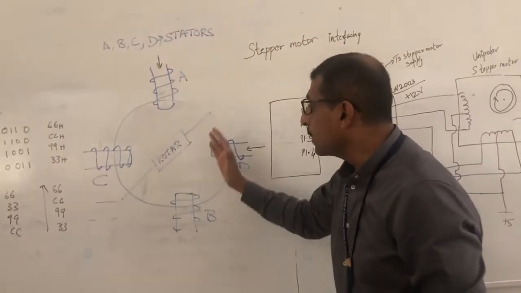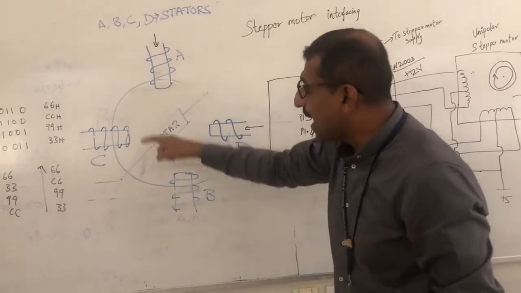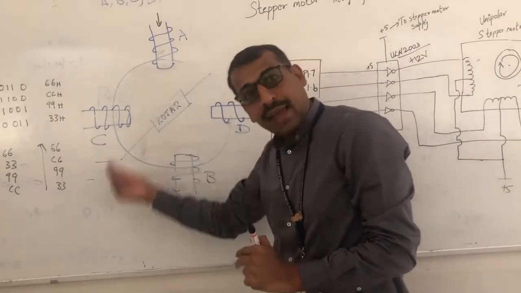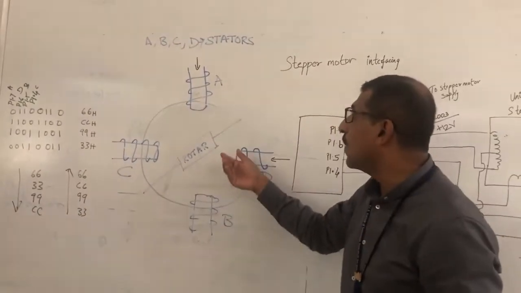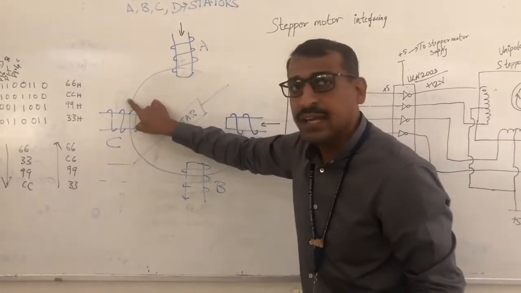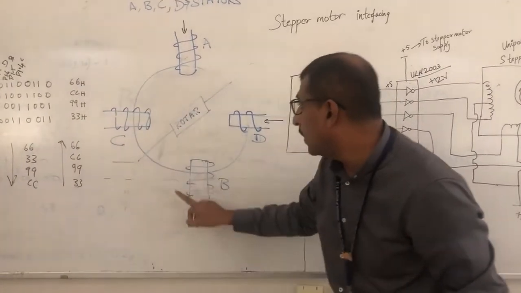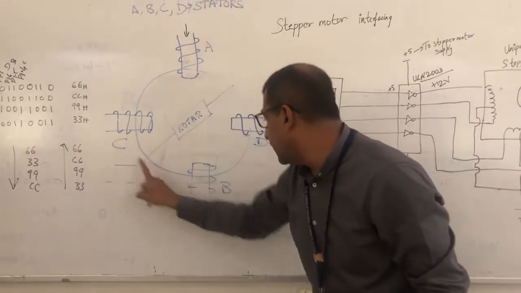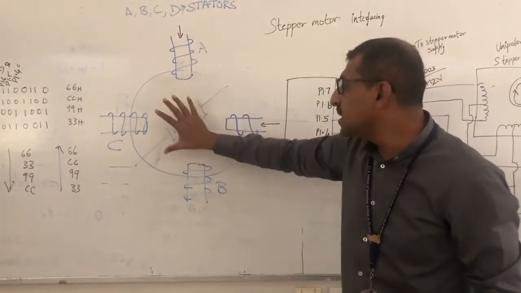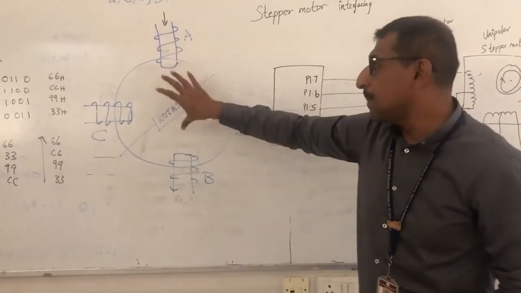If you would want the stepper motor to rotate in anti-clockwise direction, you will have to first energize AD, then AC, then CB, BD and DA. So this is the constitution of a stepper motor.